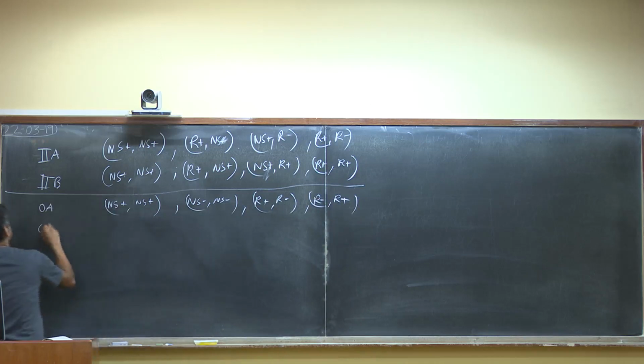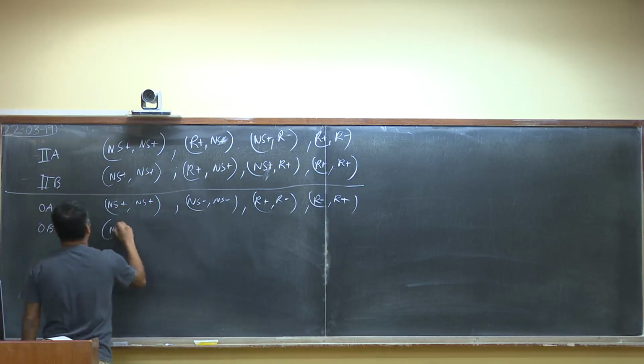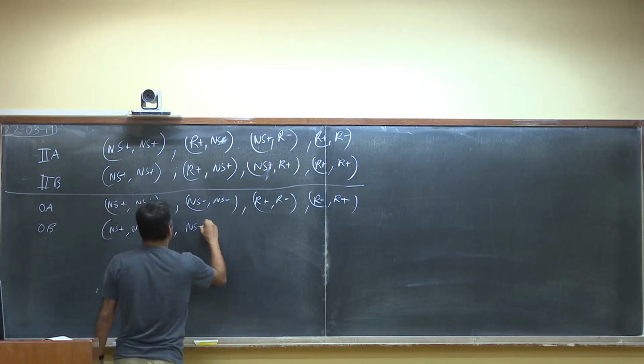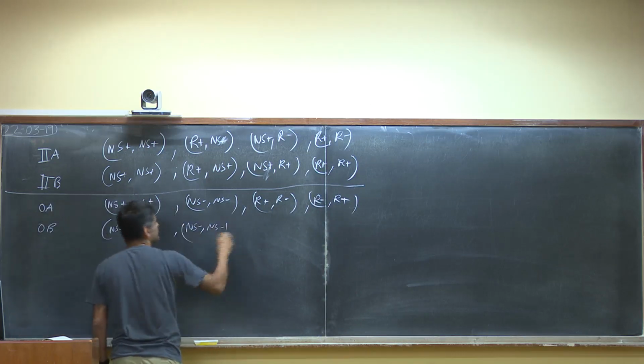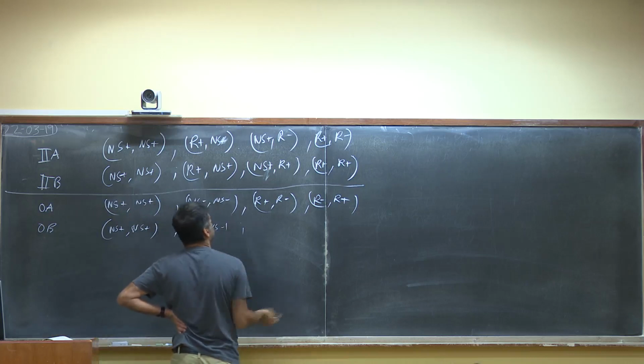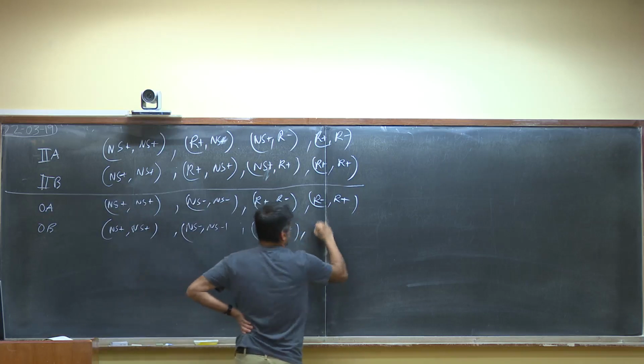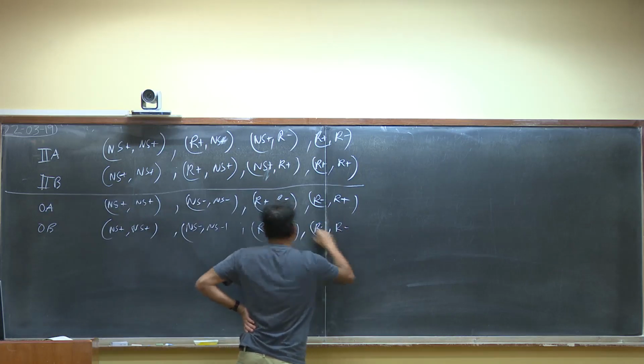Whereas the 0B was NS plus, NS minus, R plus, R minus.